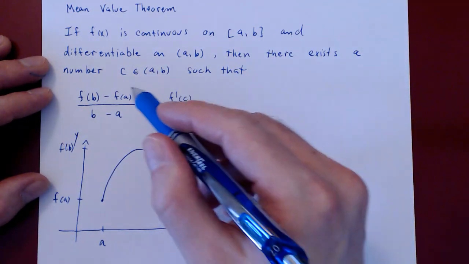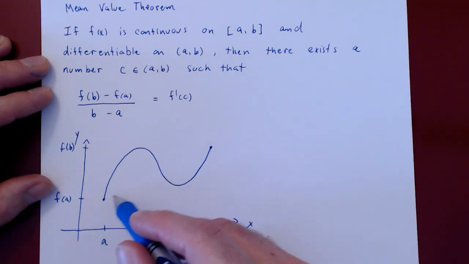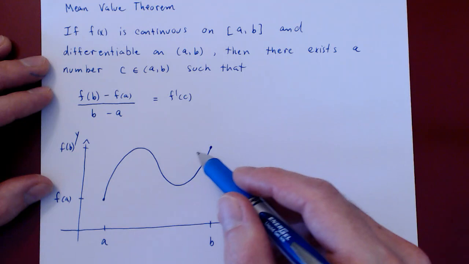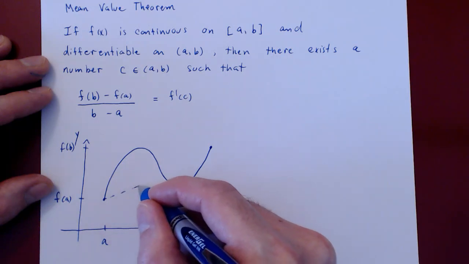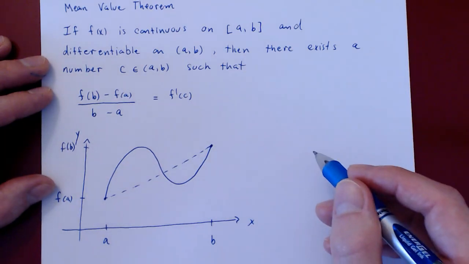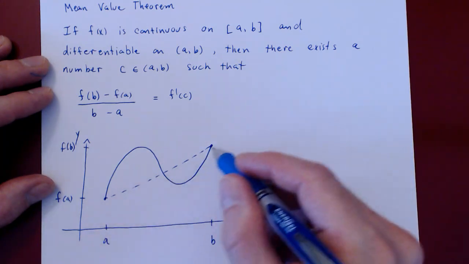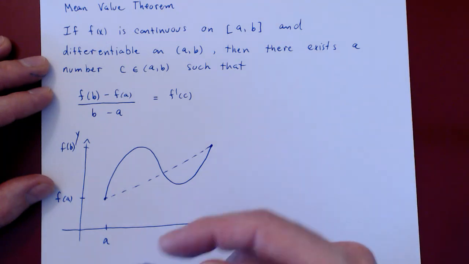And now let's look at these two quantities geometrically. If we draw the line connecting the points (a, f of a) and (b, f of b), you can ask, well, what is the slope of this line? Well, the slope is the total change in y over the change in x.